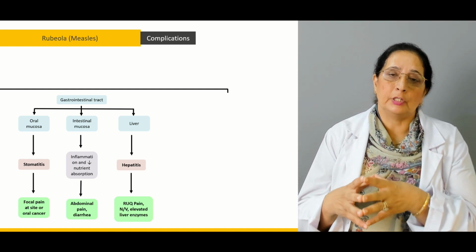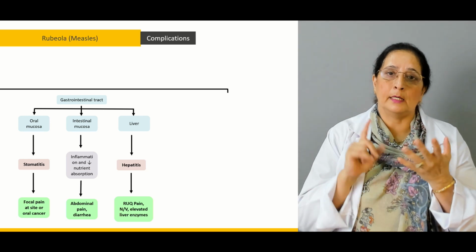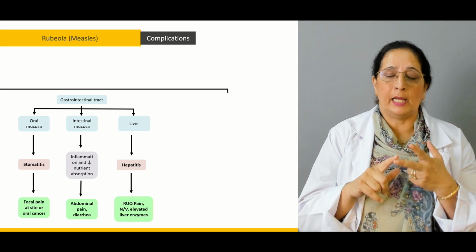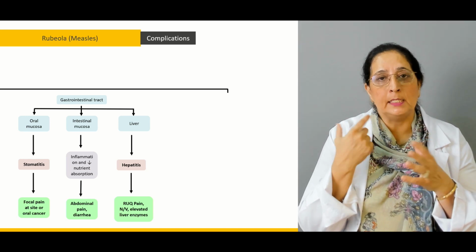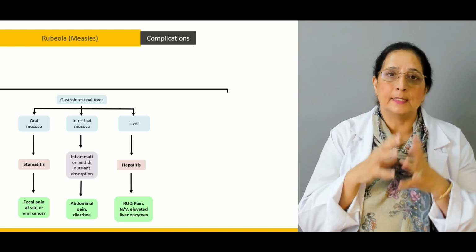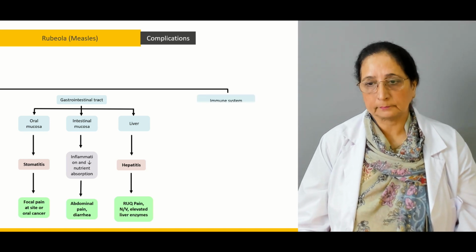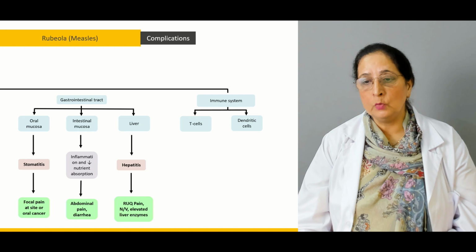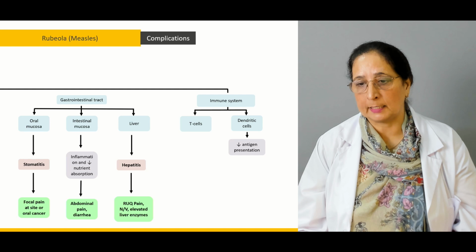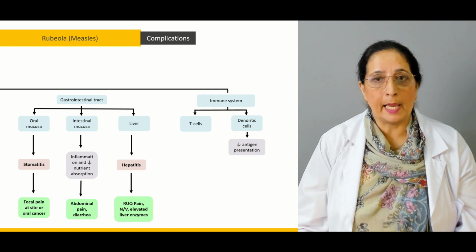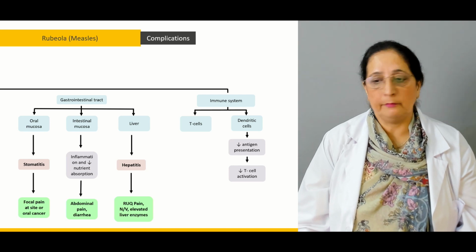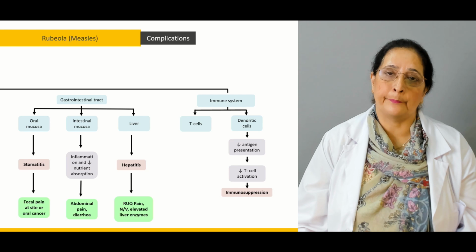Once the complications occur, it is affecting the heart, the lungs and respiratory system, the GI tract, the oral cavity, liver, and intestine. So it's pretty much a multi-system disorder. And it affects the immune system: T cells are affected, dendritic cells are affected, causing decreased antigen presentation, decreased T cell activation, and immunosuppression.